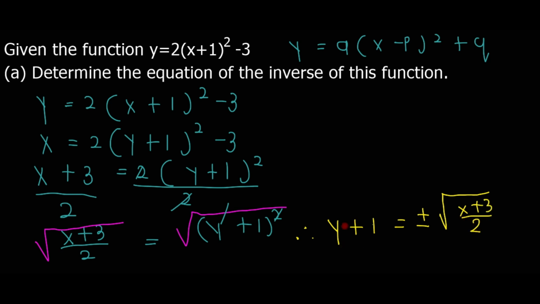And then now because we want y, we will take the 1 to the other side. We get y equal to plus or minus root x plus 3 over 2, and then it changes sign. So this is the equation of the inverse.